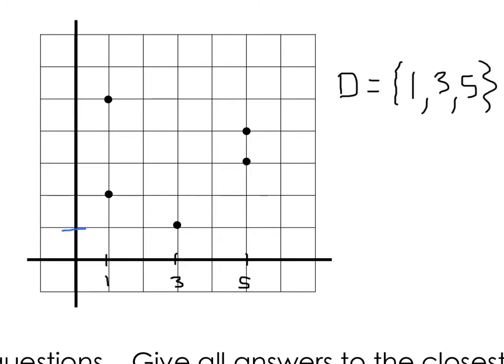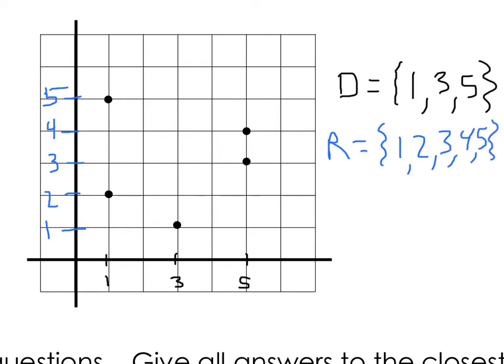We see a point at 1, 2, 3, 4, and 5. So our range will be 1, 2, 3, 4, and 5.